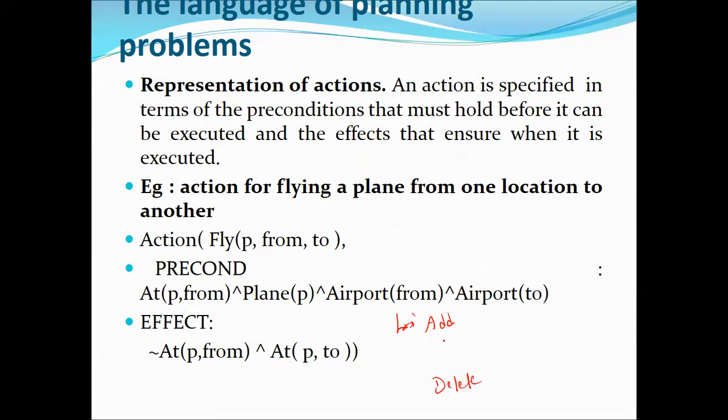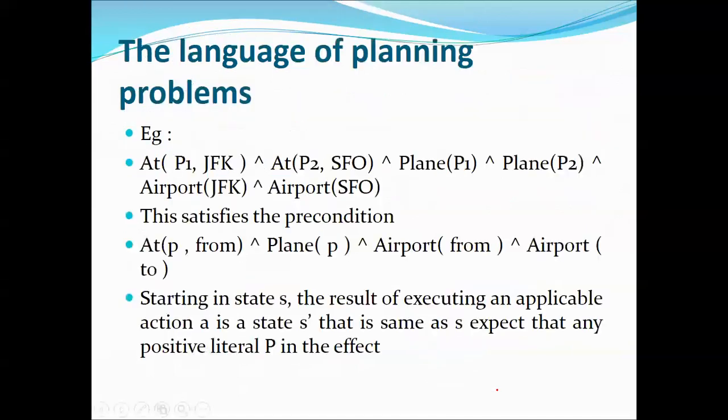All the positive literals will be moved to the add list, which means the knowledge base currently contains those statements, such as At(P, To). All the negative literals will be moved to the delete list, such as Not At(P, From), which means currently these are not in the knowledge base. Whatever is in the add list will be treated as something in the knowledge base. The things in the delete list are not in the knowledge base.